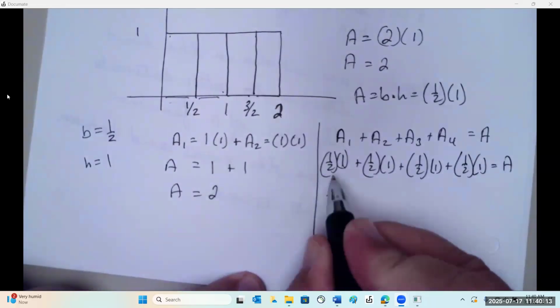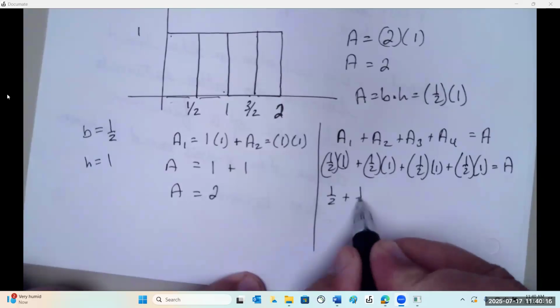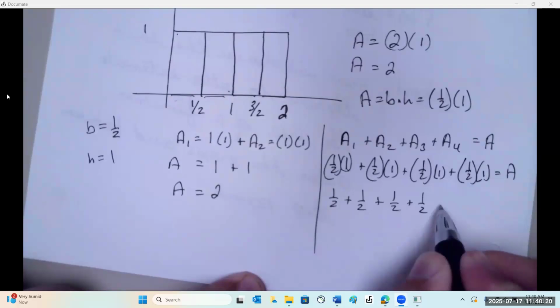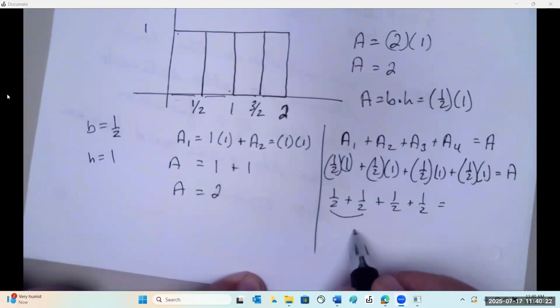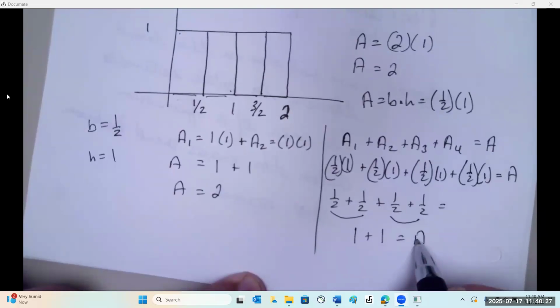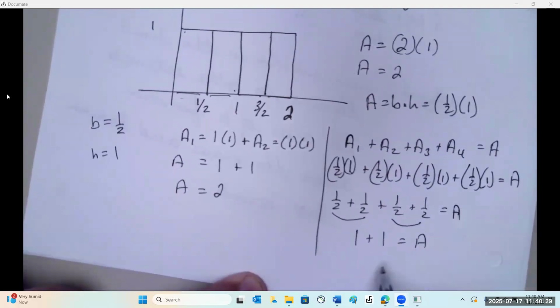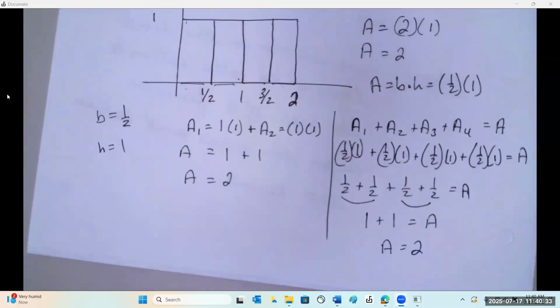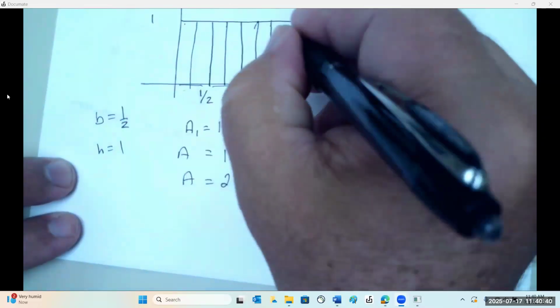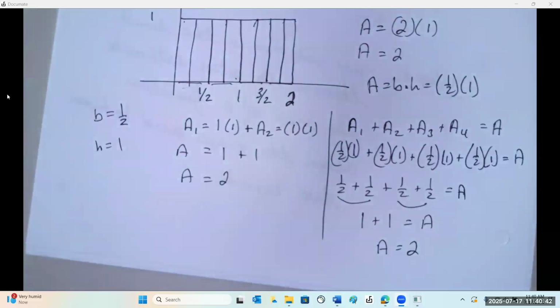So we have 1/2 times 1 is 1/2 plus 1/2 plus 1/2 plus 1/2. Half plus a half is 1. Half plus a half is 1. So again, we see the area is 2. So we keep on going. What if we cut those in half? We keep on going.